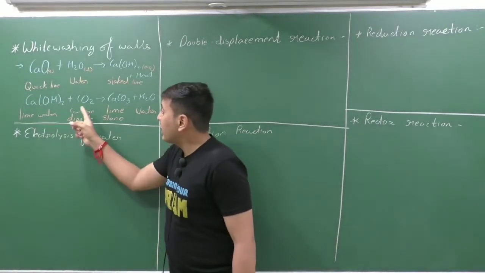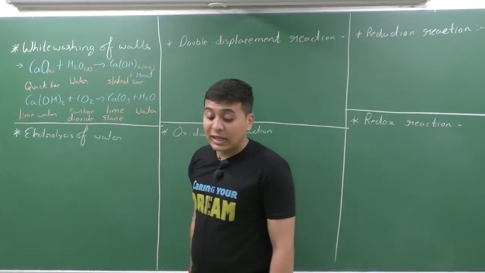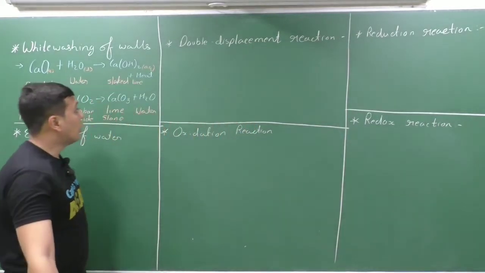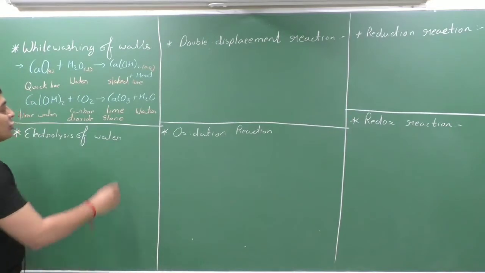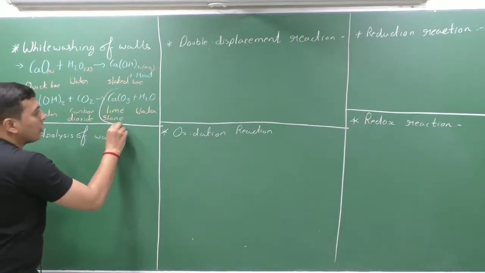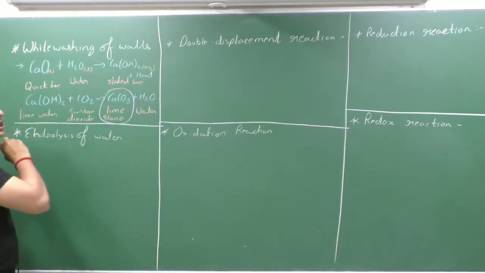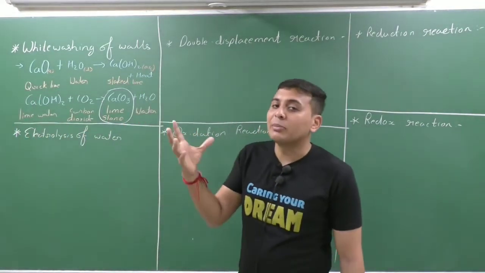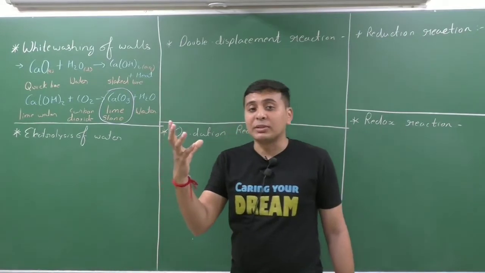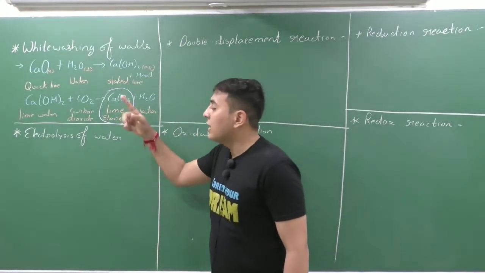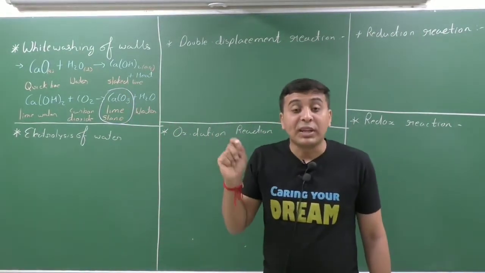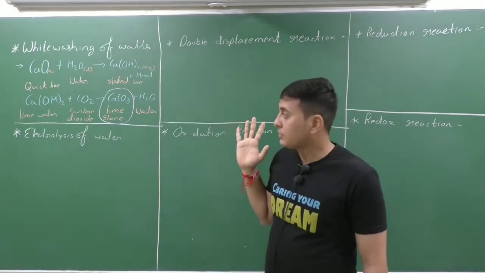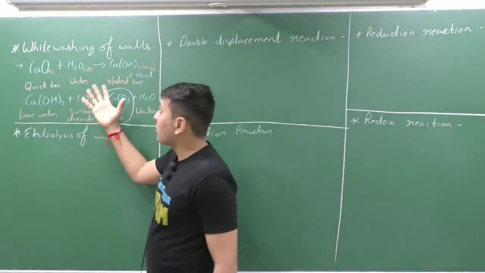But as and when it reacts with carbon dioxide, it forms calcium carbonate, that is also known as limestone, and because of which the shining of the walls happens, that is the whiteness of the walls happens. Why? Because of the presence of calcium carbonate, that is white in color. Clear? So now this is a question.